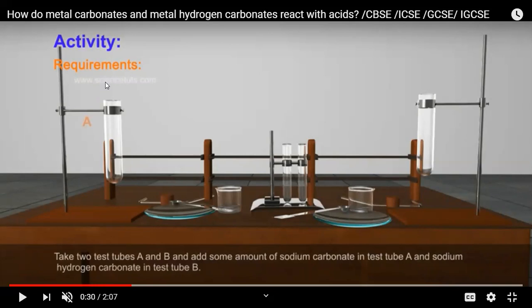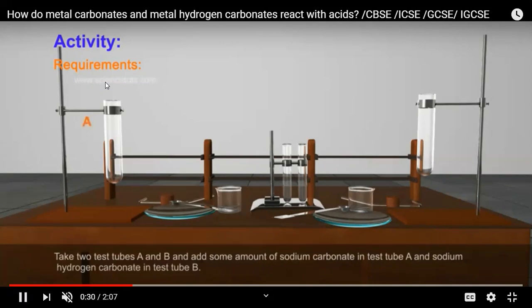I explained this in the previous session when we were dealing with tests for hydrogen gas. Similarly, when we test sodium bicarbonate or sodium carbonate with acids, we use a delivery tube. Now you'll get to know why we use it and which type of gas is evolved during the reaction.